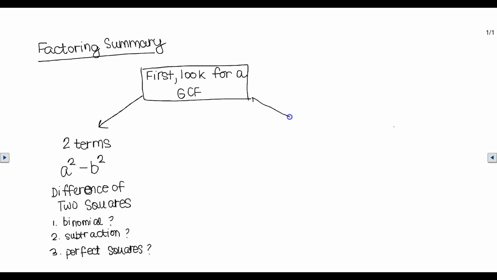Now, if the problem that you're factoring is three terms, then we learned how to factor things that looked like this: ax squared plus bx plus c. And we did that using our guess and check method.